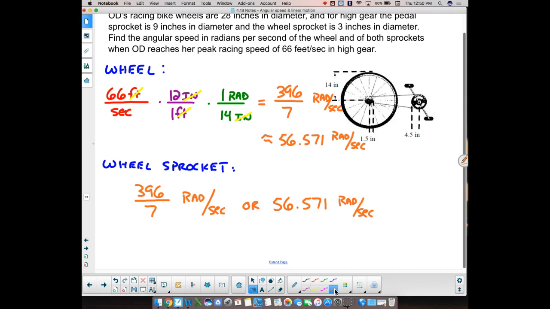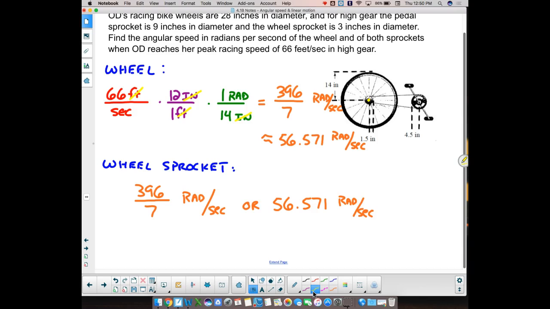Okay? If you think about it, there's an axle right there. Usually it's not very big on a bike. It's maybe 2 inches long. But your wheel is spinning on that. Everything that's on that wheel is spinning at that angular speed.